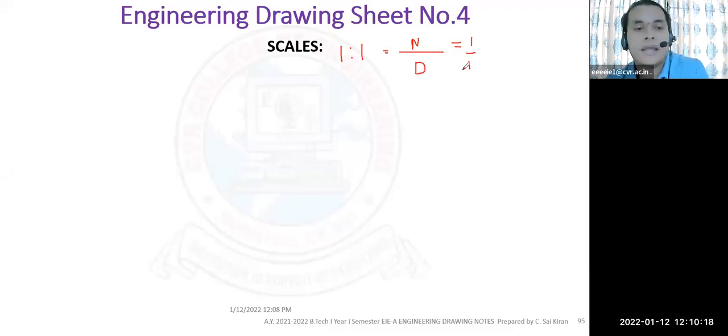Suppose there is a new building or a house that you want to draw on a drawing sheet. Is it possible to draw a building or house on the drawing sheet?